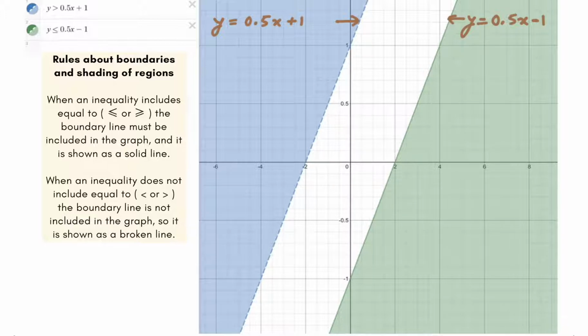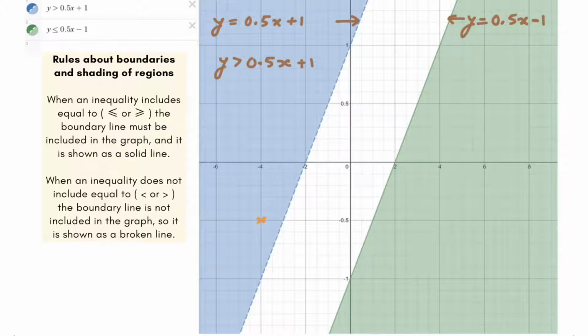Now, if I assume that the inequality for this shaded region in blue is y greater than 0.5x plus 1, then let us test it on a point from this region.